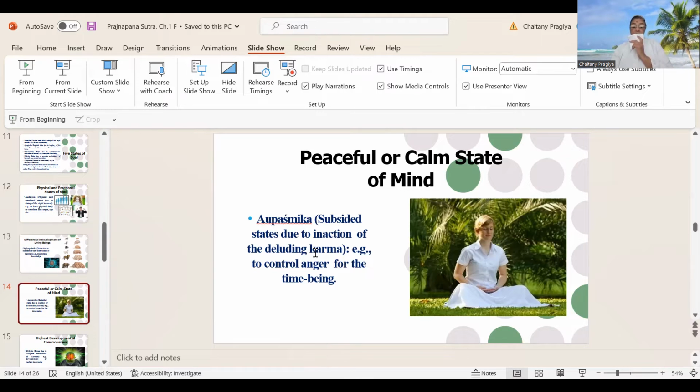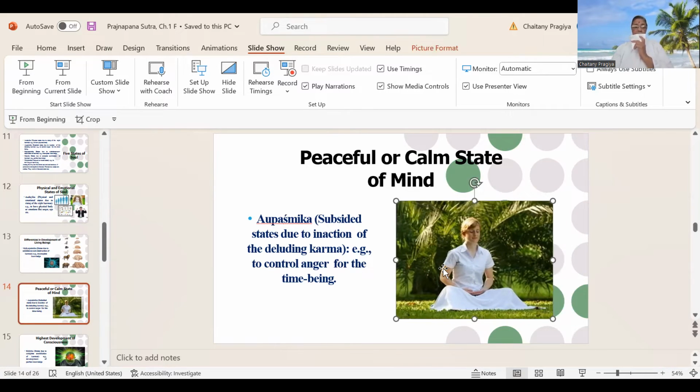But if we have not completely eliminated, we have not come out of the effect of those particular negative emotions, then we can get angry again if the situation comes before us. So this aupashamik state is only for the time being, and it is not permanent. It can end after a certain time, whenever you come out of meditation or whenever you come out of some peaceful situation.